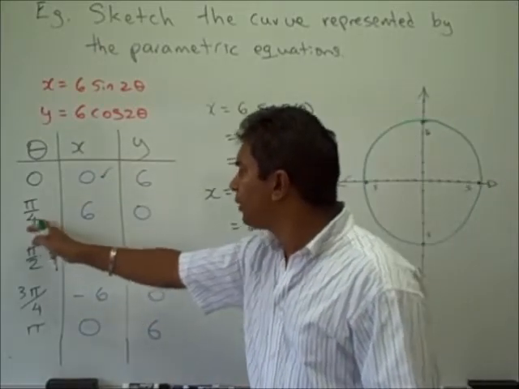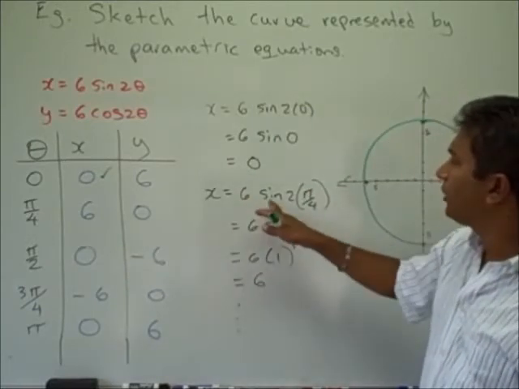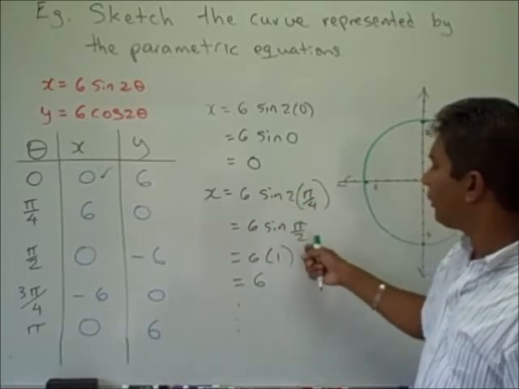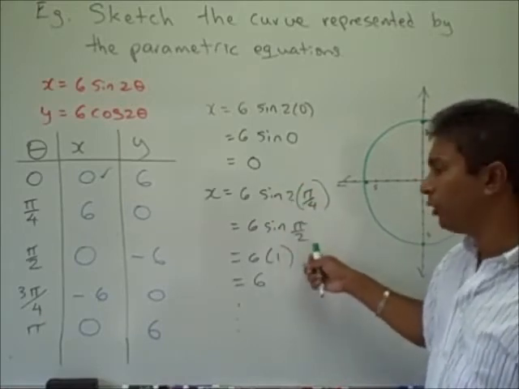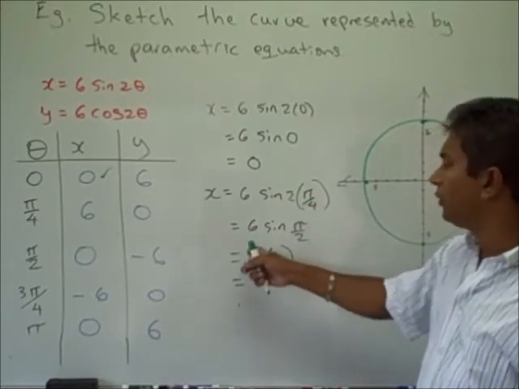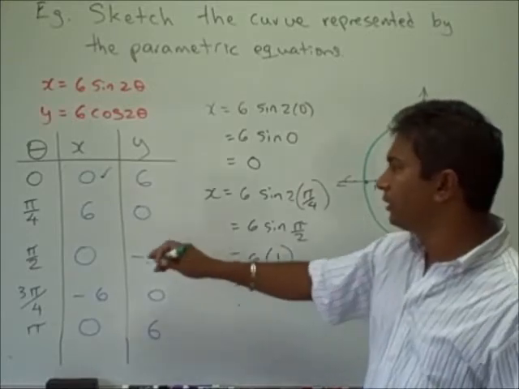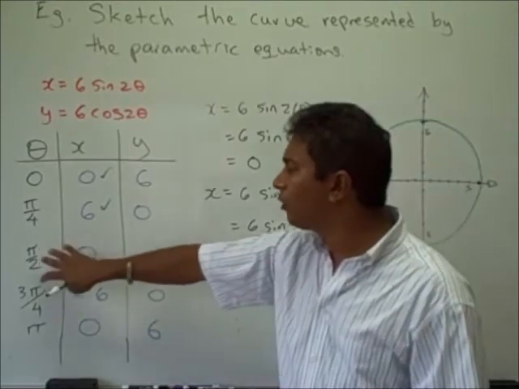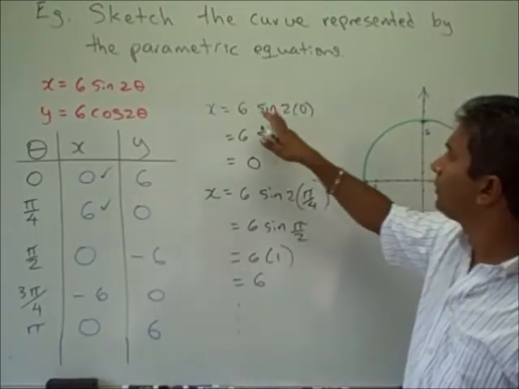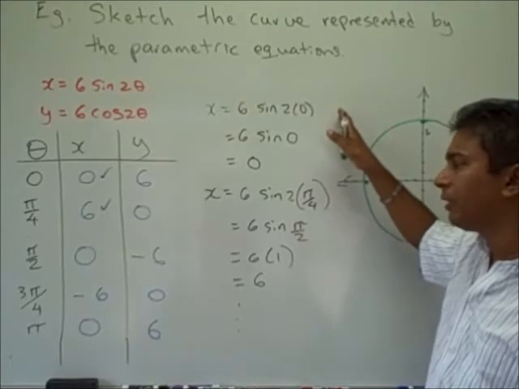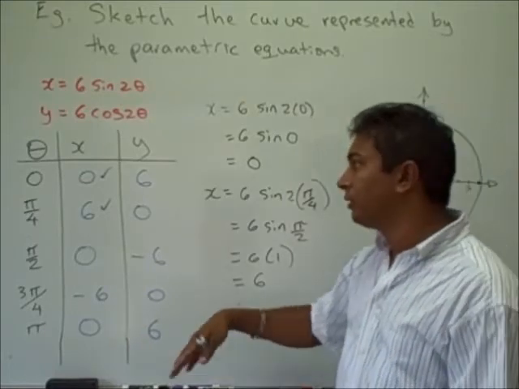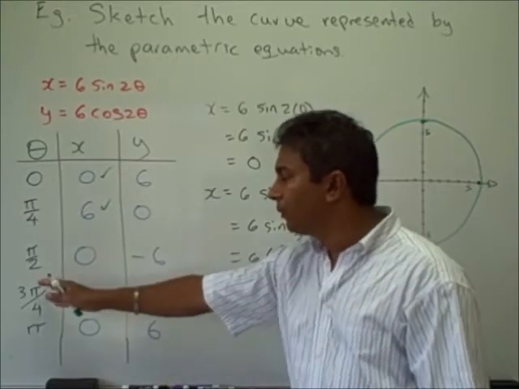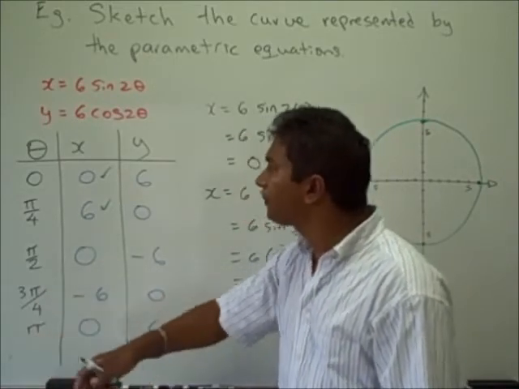When theta is equal to pi over 4, then it becomes 6 times the sine of 2 times pi over 4, which gives us pi over 2. The sine of pi over 2 is 1, so this becomes 6 times 1, which is 6. Similarly, for pi over 2, it becomes 2 times pi over 2, which is just pi. The sine of pi is 0, so 6 times 0 is 0. And we do the same thing for 3 pi over 4 and pi.